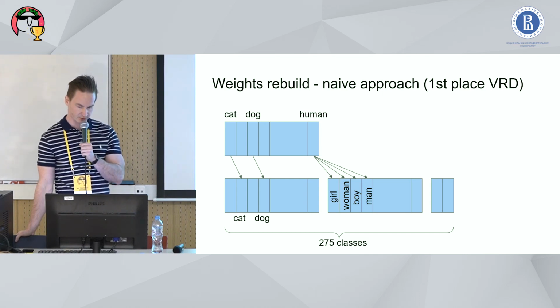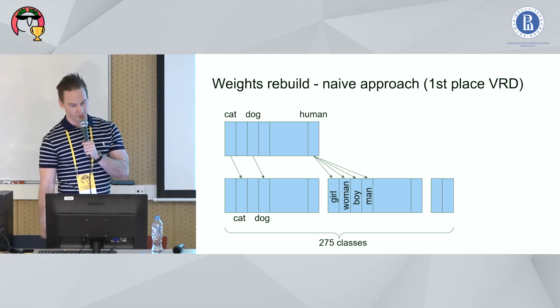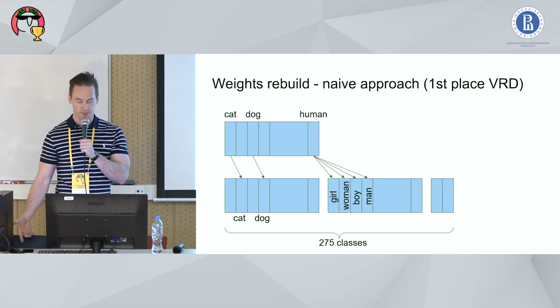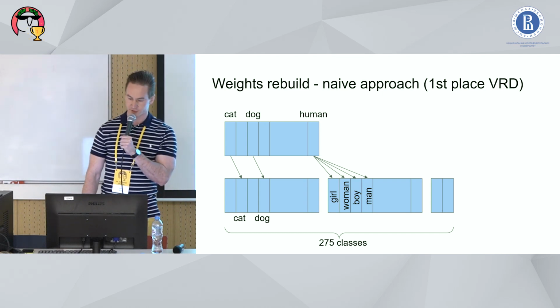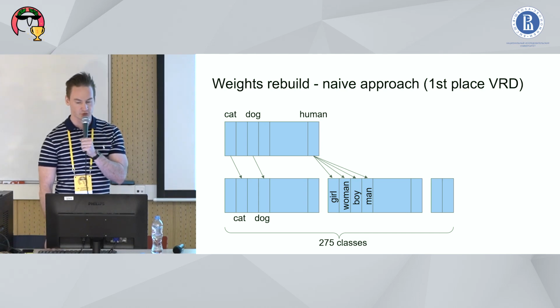So human is split into girl, woman, boy, and man. And you just copy-paste the weights from human to the corresponding weights for these four classes. And it allows you to get even better convergence because you have pre-trained all of the model, and all of these pre-trained weights are relevant to your new classes.